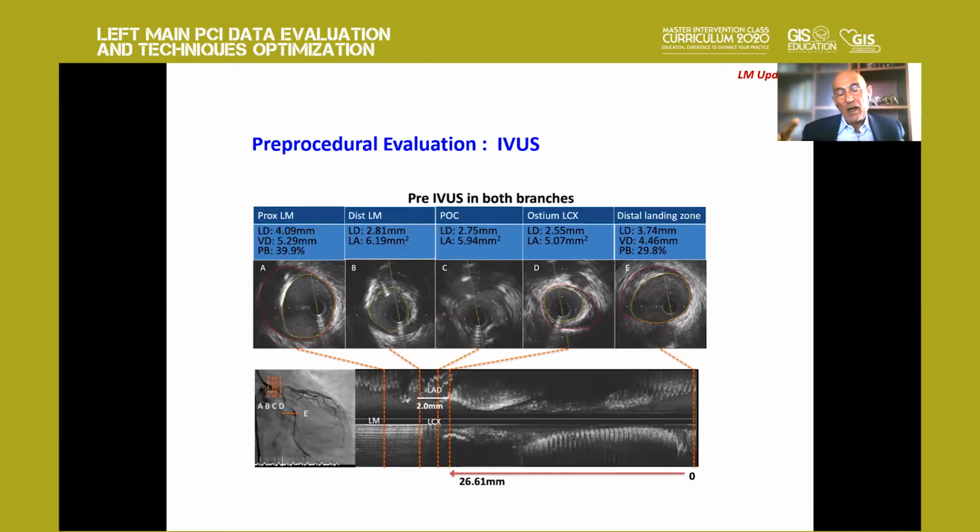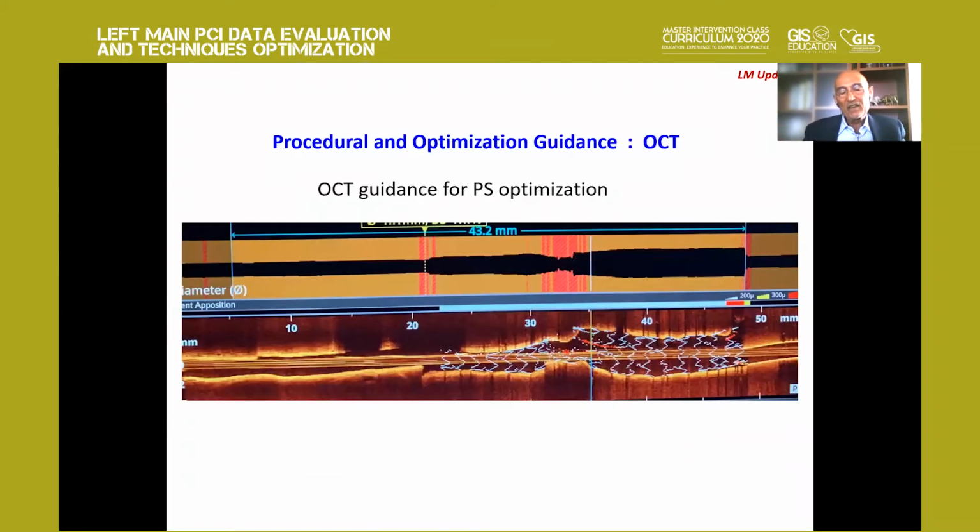That means around sizing, minimal luminal area, and so on, which is still lacking with OCT. But OCT, I say that with the high definition, can be much better for the optimization of the procedure because of the details you can get from this kind of procedure.